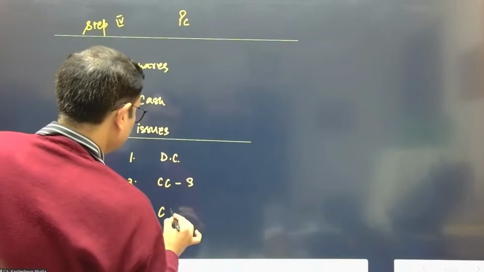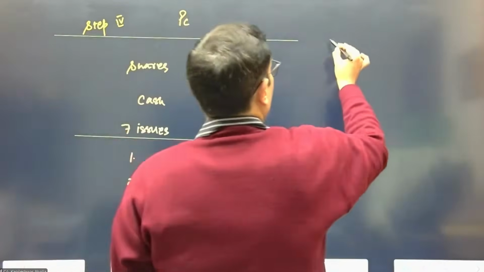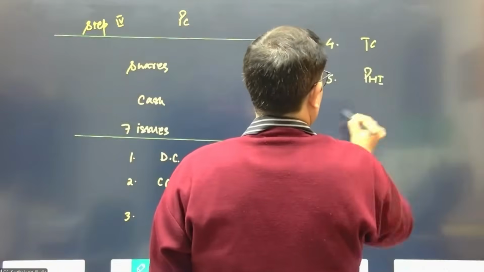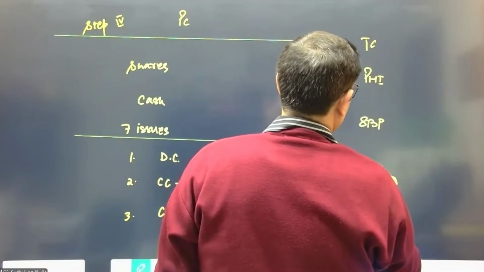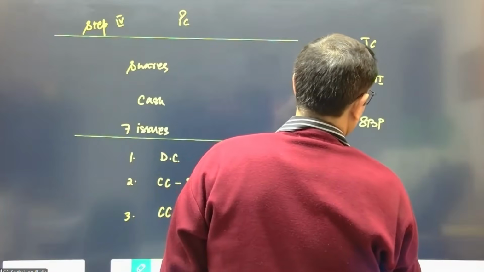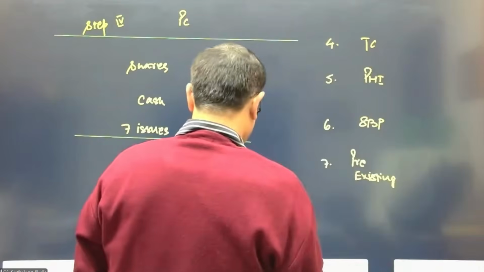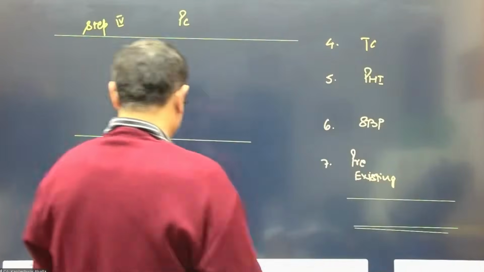Number 3, CCE. Number 4, TC. Number 5, PHI. Number 6, SBP. And number 7, pre-existing relationship. I'm just putting the list to be on the safe side so that we are able to keep track of any movements in this case.